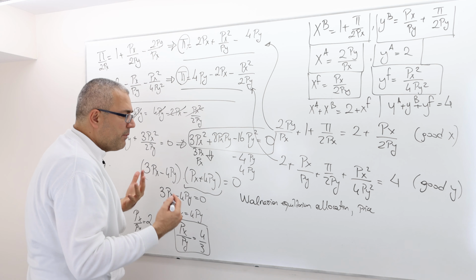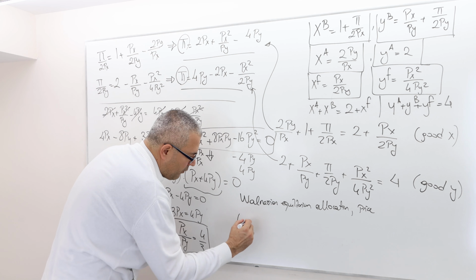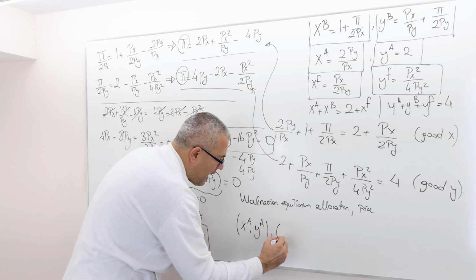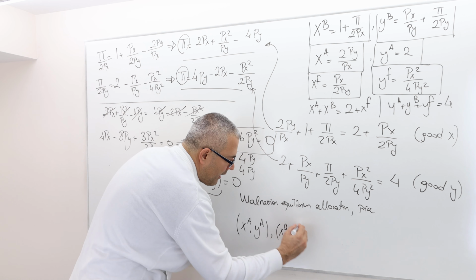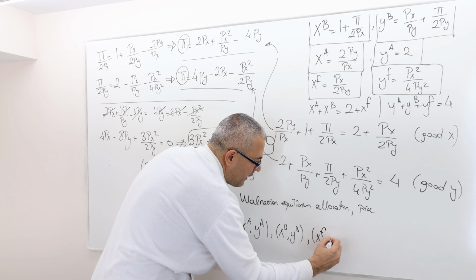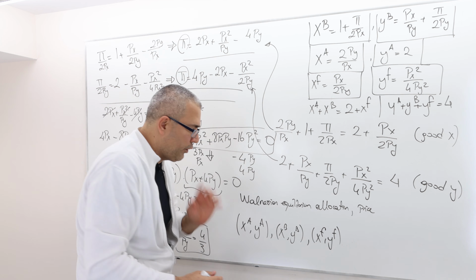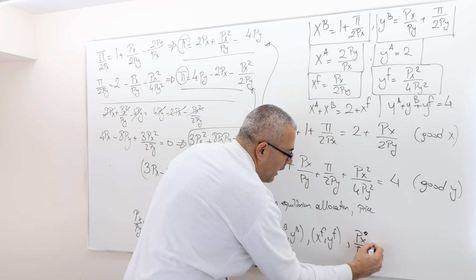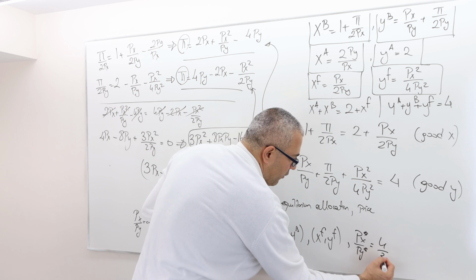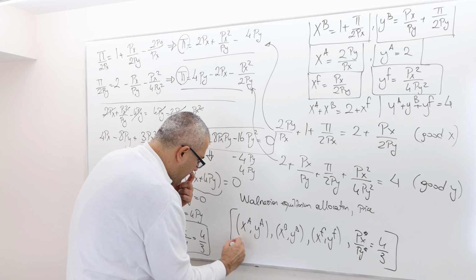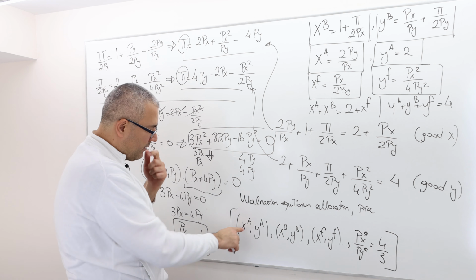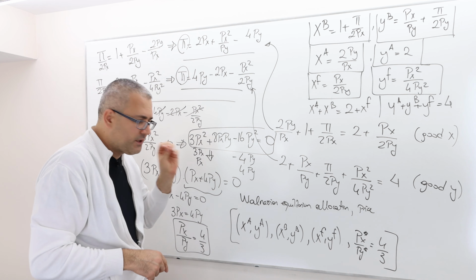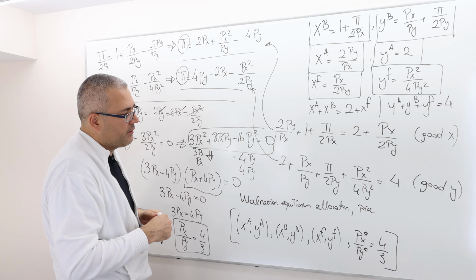I'm not so sure. But the Walrasian equilibrium is going to be xA, yA, this is for consumer A, and then xB, yB, and then x final and y final for the firm, and then the price ratio px over py. If you like, you can put a star, which we know already is 4 over 3, okay? You can also put stars here, but I already put A's and B's and F's as superscripts, so I don't know where to put the star.